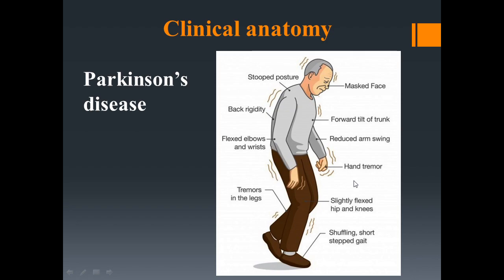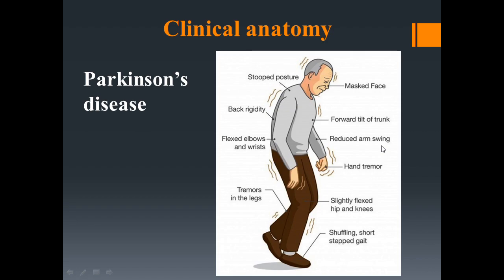Parkinson's disease is manifested by the mask-like face, then the stoop posture, then the forward tilt of the trunk, and reduced arm swinging. We have seen the basal ganglia is responsible for the automatic associated movements like swinging of arms during walking.